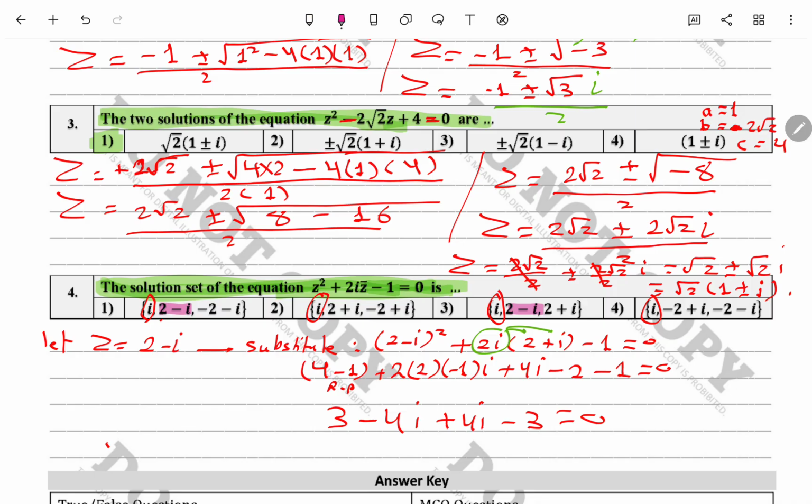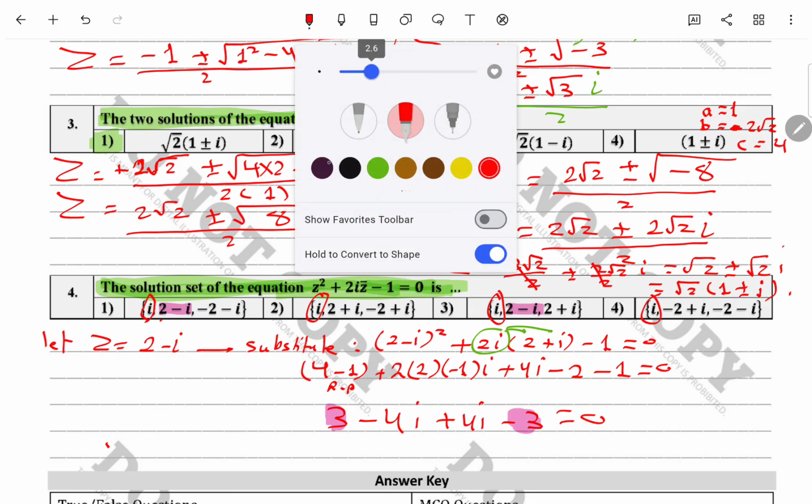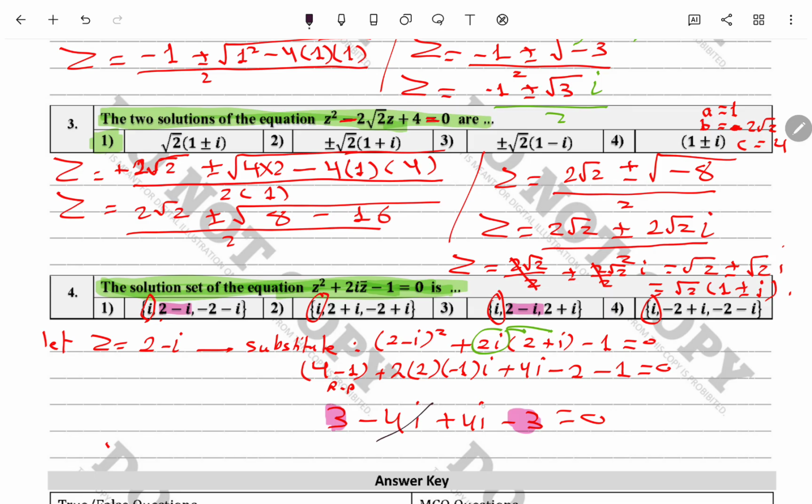I can see that 3 with negative 3 can be cancelled, and 4i with negative 4i will be cancelled. So I can get easily 0 on the left equal to 0 on the right. So I can choose number 1 or 3. Then I will cancel 2 and 4 easily.